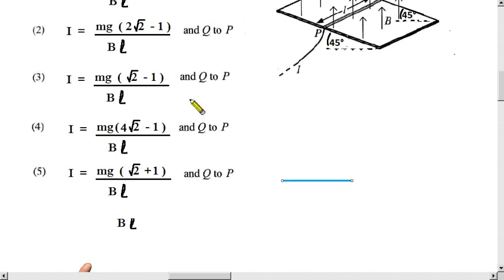So now I am going to try this. G upwards.